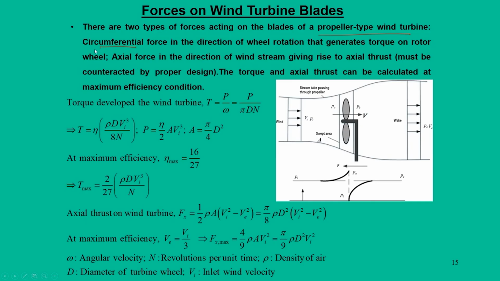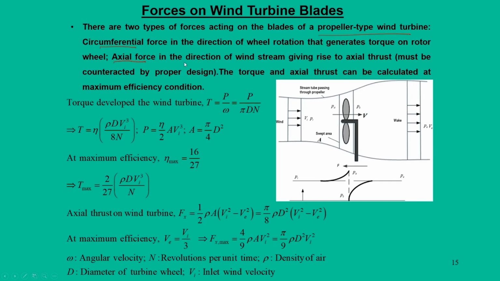The other is the axial force, generated due to the wind stream, and the turbine structure must withstand this axial force for harnessing the power. This axial force does not lead to any power production; rather, our structure should withstand it to harness the power from the wind.